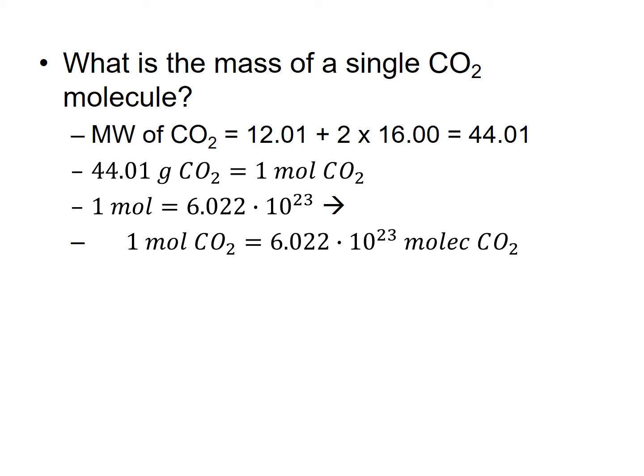Well, we use 1 mole of CO2 is equal to 6.022 times 10 to the 23rd molecules of CO2. Here I use MOLEC as an abbreviation for molecules. Now with these conversions, I can do the calculation.